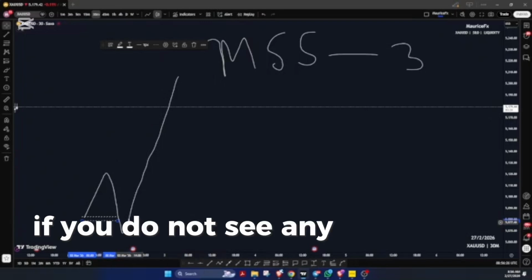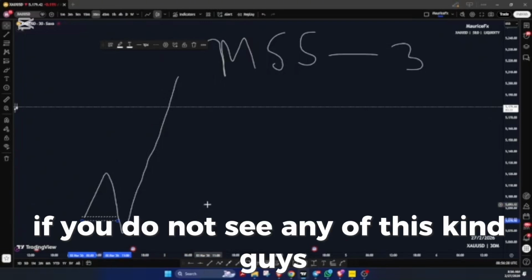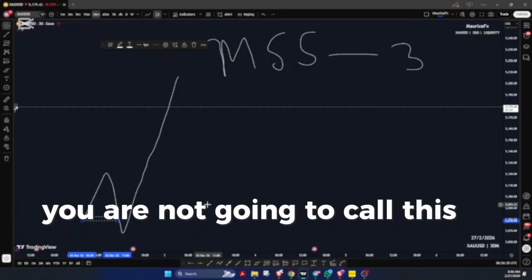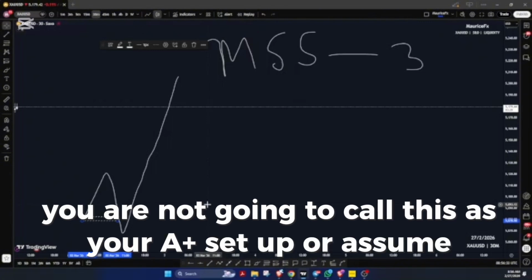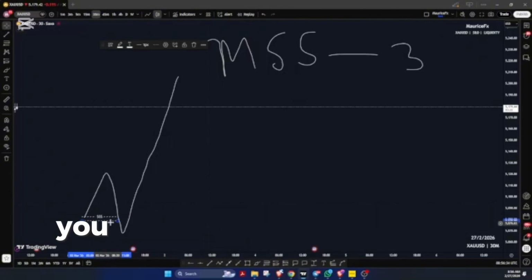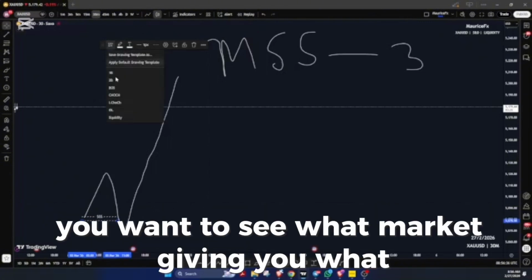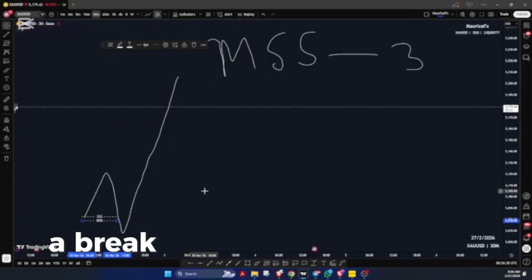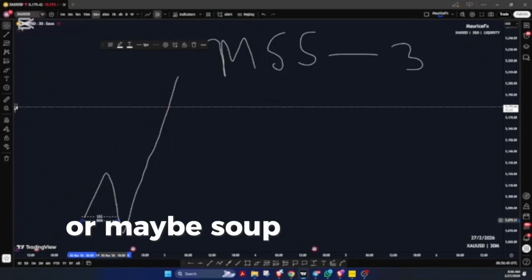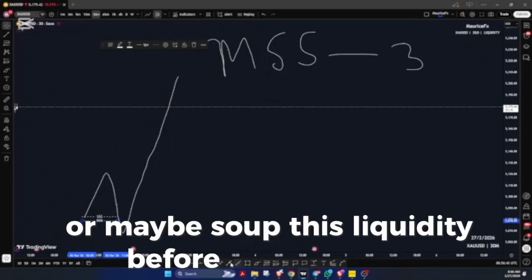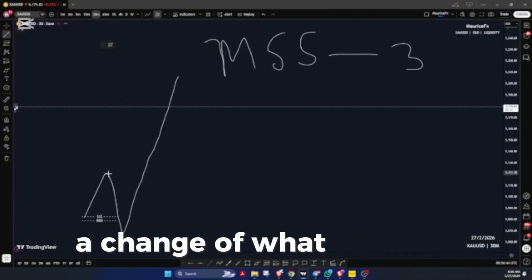If you do not see any of these, guys, you are not going to call this your A plus setup or a swing structure. So first of all, you want to see the market giving you a break of structure down here, or maybe sweeping this liquidity, before you see a change of character.